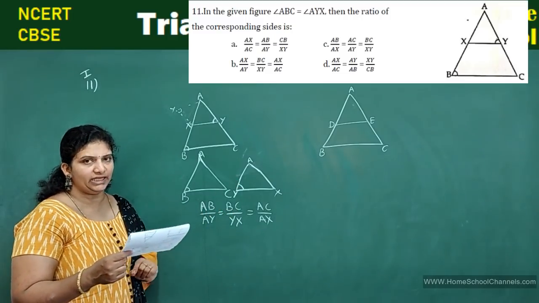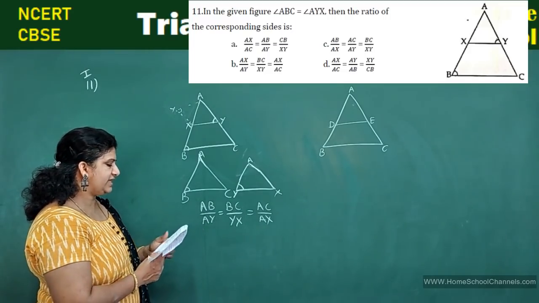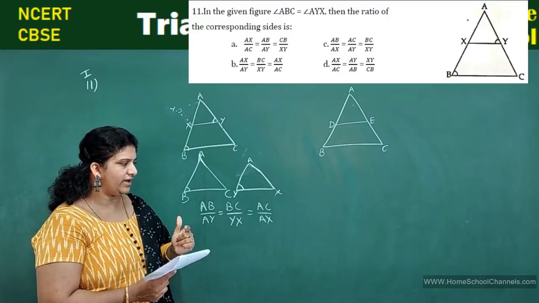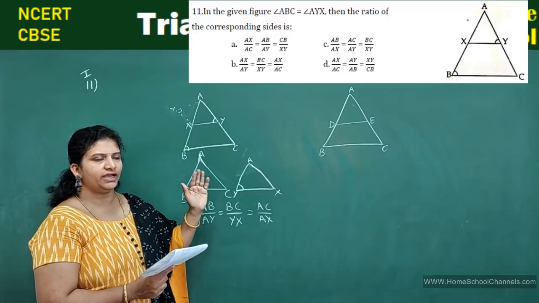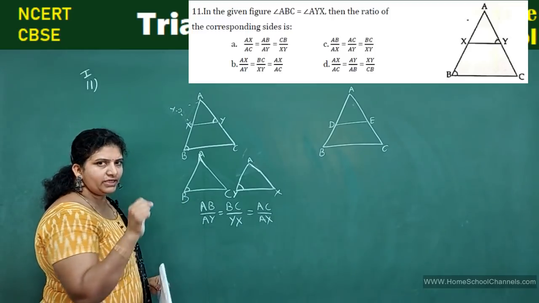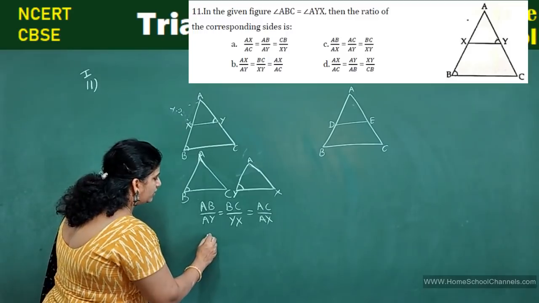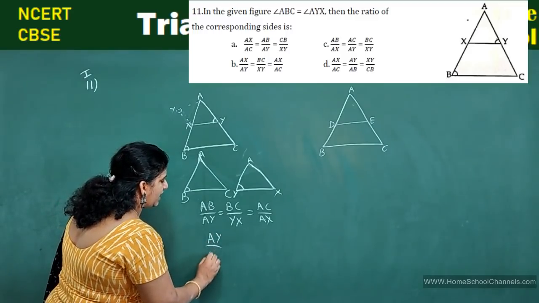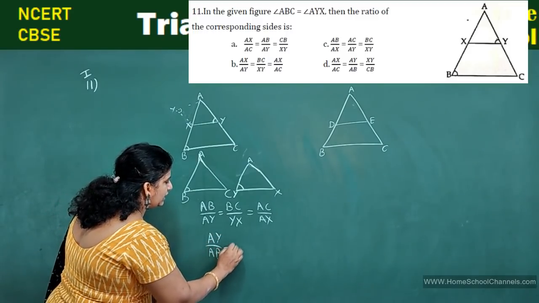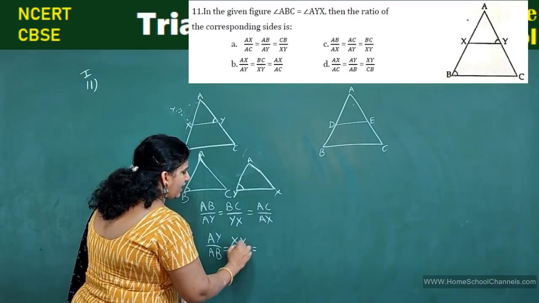Go to option D. Option D, AX by AC. Where do you have AX by AC? Okay, no problem. You can take first this side by this side or this side by this side. I think option D is right. And let us rewrite this ratio. Reverse the ratio. AY by AB is equal to XY by BC, or YX by BC.